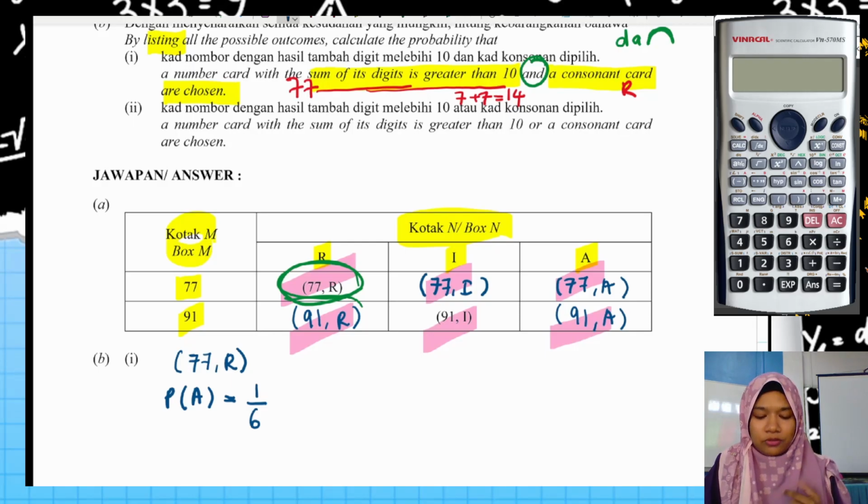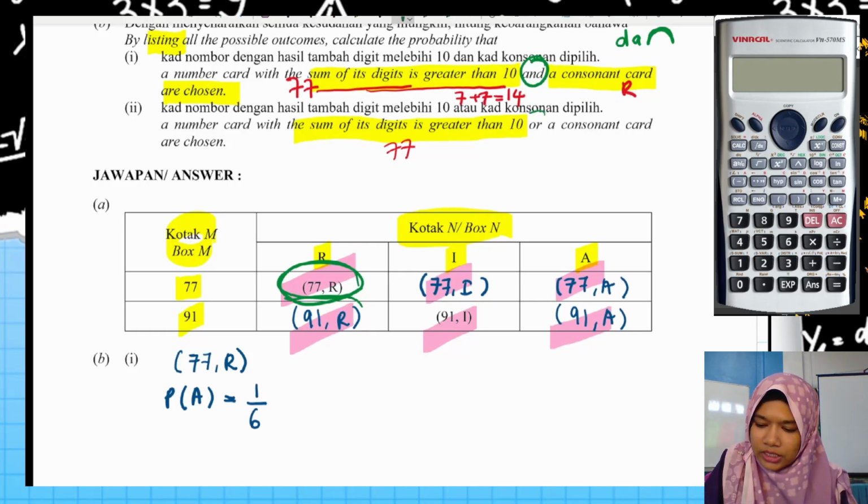Alright, now we go through question Roman 2. A number card with the sum of its digit greater than 10. So, yang fulfill is 77. Masih lagi 77 because 7 plus 7 greater than 10.